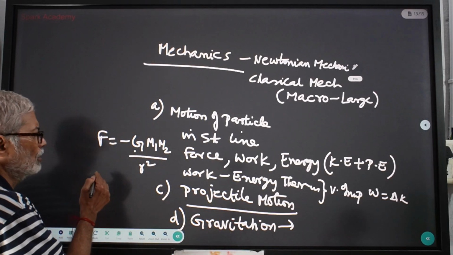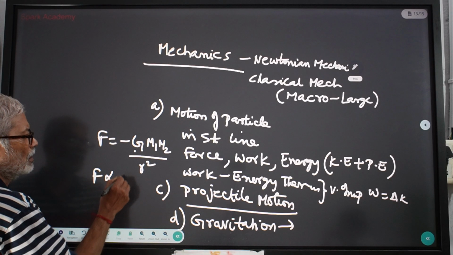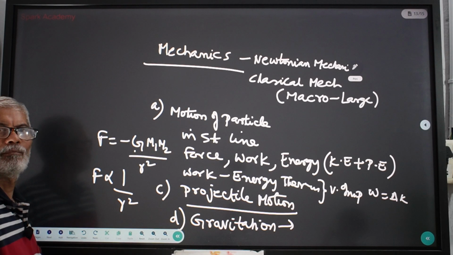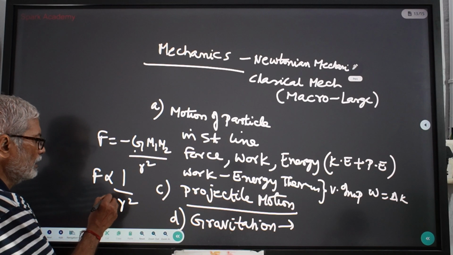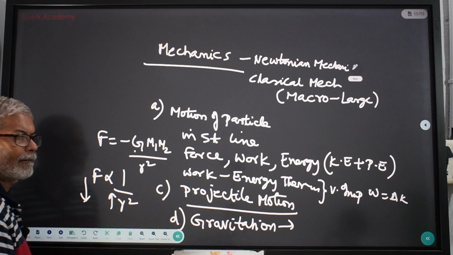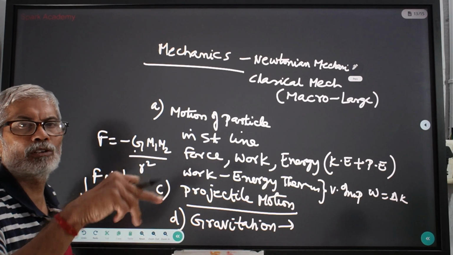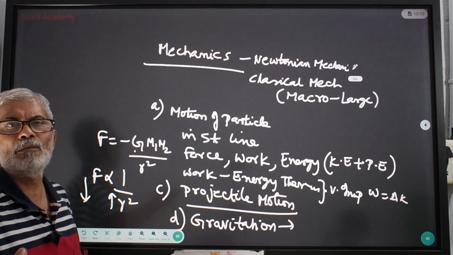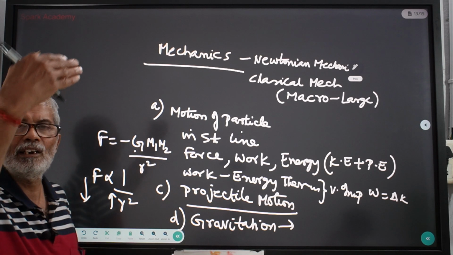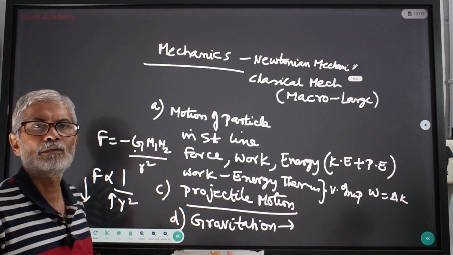So what logic do you have to apply? Force is inversely proportional to R square. If R increases, force will decrease. So you have to write (4R) whole square, which means 16. So the force will reduce by 16 times.